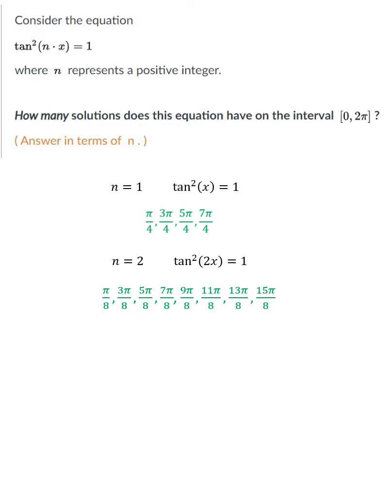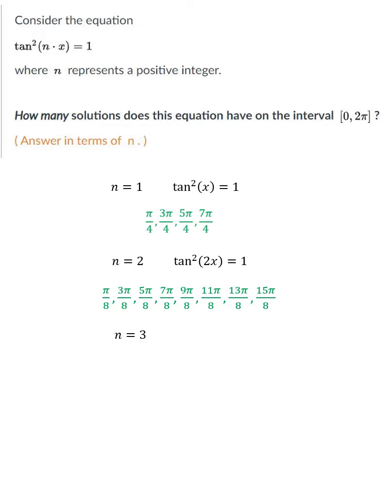There are, of course, more than 8 answers, but the problem specifies that it wants the number of answers on the interval from 0 to 2 pi. So out of infinitely many answers, there were 8 of them between 0 and 2 pi. And I thought I saw a pattern. By the way, I didn't show where I got all that, but you could do that using prior techniques. Let me just keep to the larger picture here.